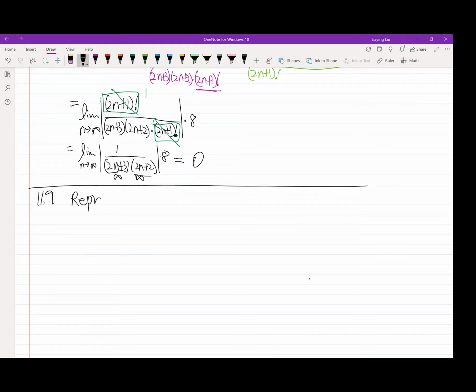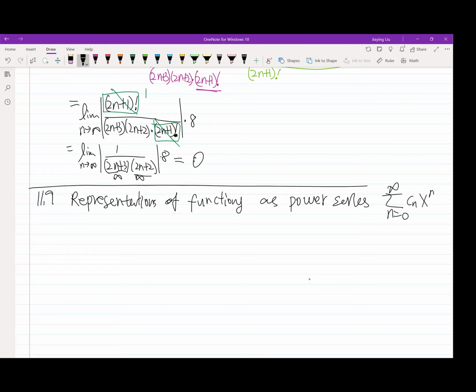Representation of functions as power series, which is the sum from n=0 to infinity of c_n x^n. So we're going to take functions and write them like that. We don't know what c_n is, but maybe we can find them.